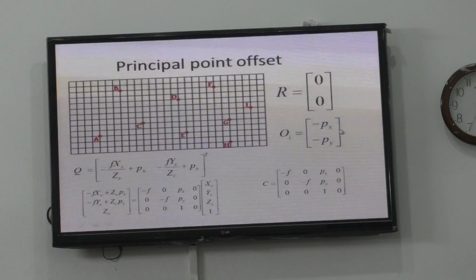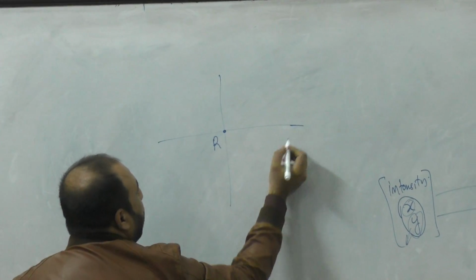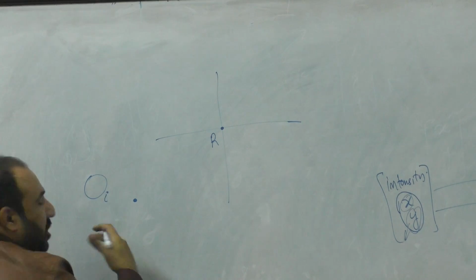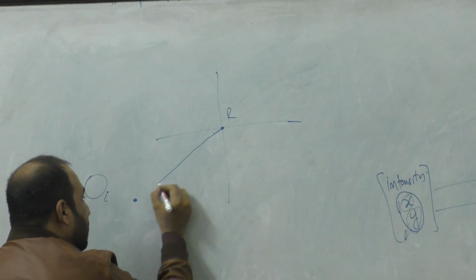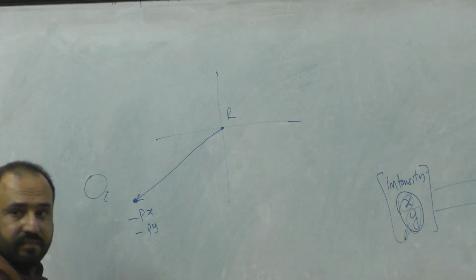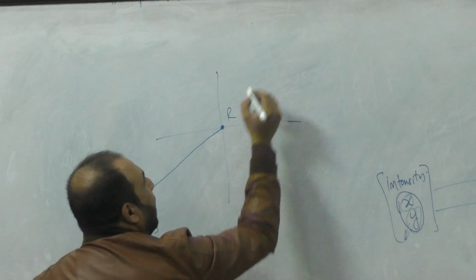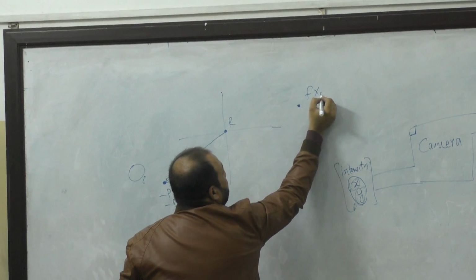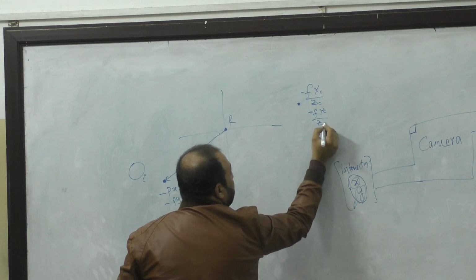I'm assuming that this is R, the fixed origin R, and there is some other point, let's say this point, which I'm calling image origin or the new image origin. इस फिक्स्ड ओरिजिन के लिहाज से जो इसके कोऑर्डिनेट्स हैं they are -px and -py. Make sense? Assume करें कि प्रिंसिपल पॉइंट के लिहाज से I am given a point जिसके कोऑर्डिनेट्स हैं fxc over zc and -fyc over zc.